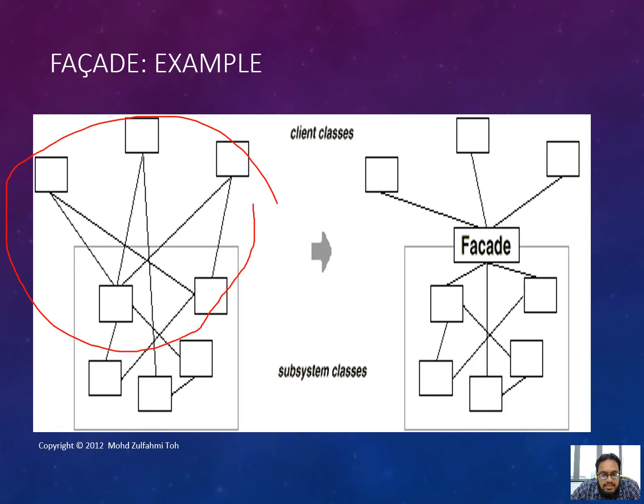This is actually a very complex system in which you have multiple clients with a system that has complex modules. So each client has to interact with different modules. As you can see, client A interacts with this module and also this module.